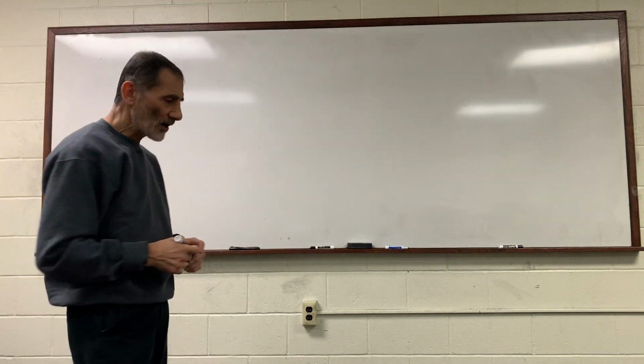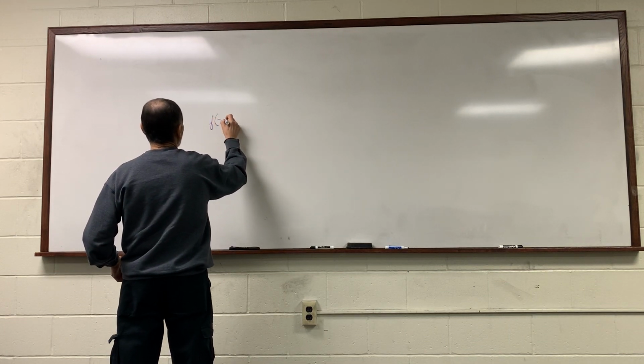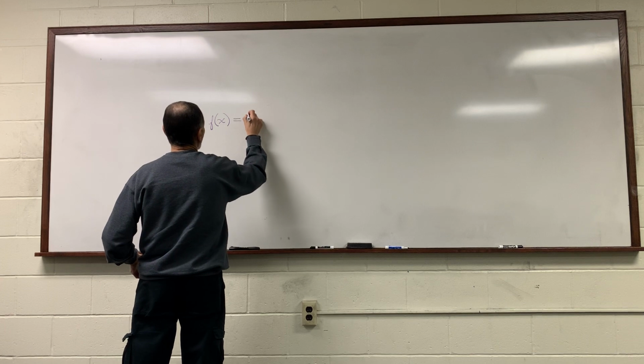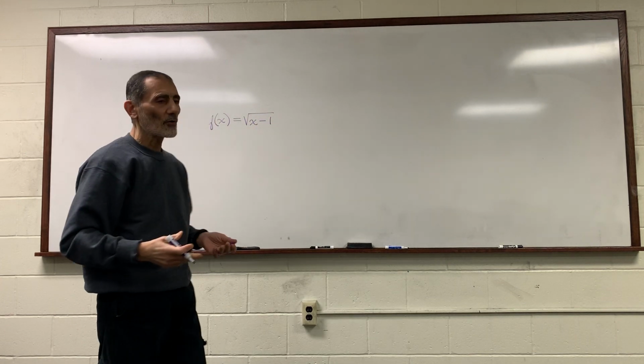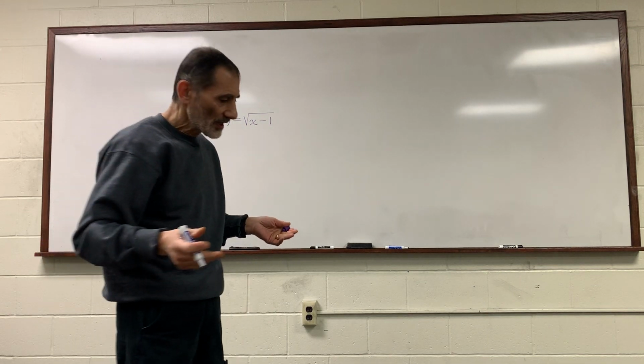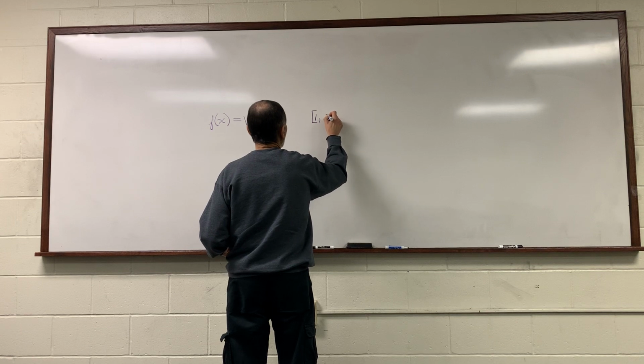Given a function, and we'll use the function f of x equals the square root of x minus 1 over a specific interval, and we'll use the interval 1 to 3.